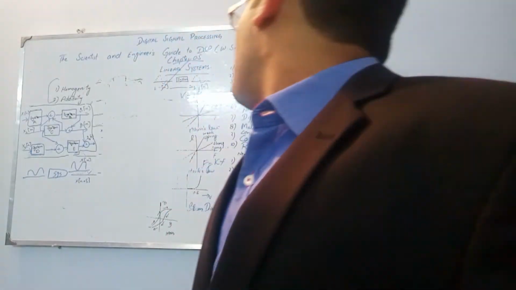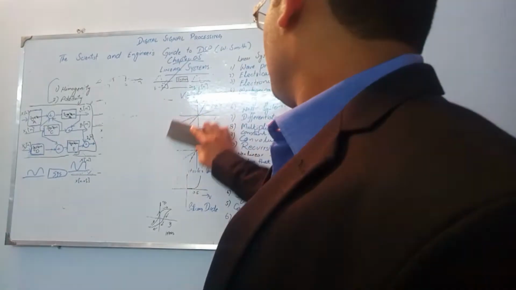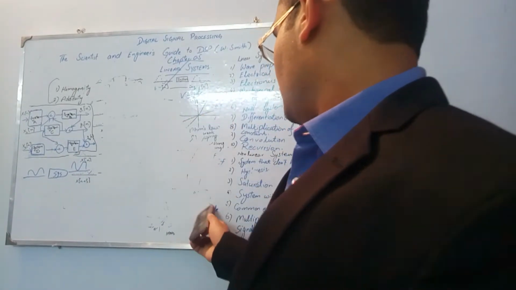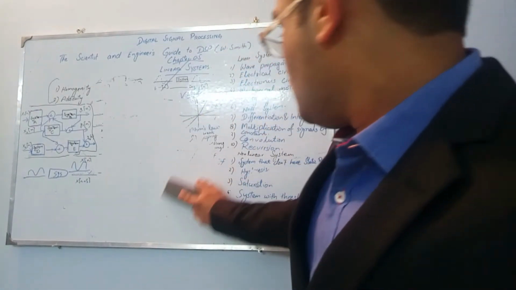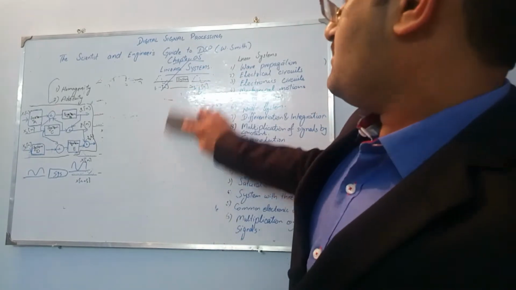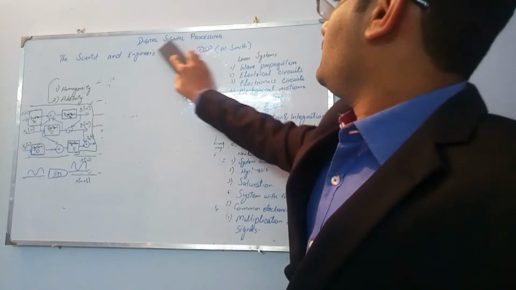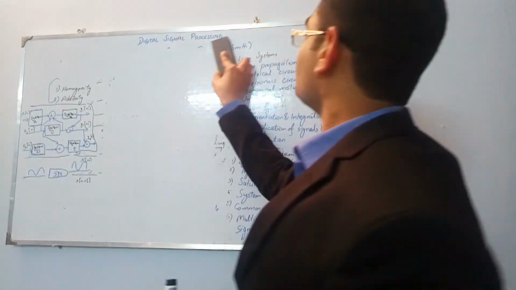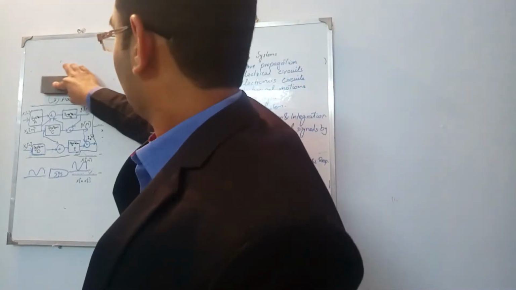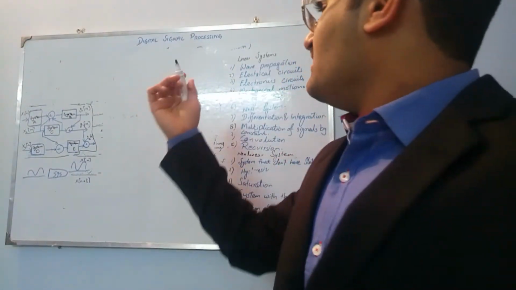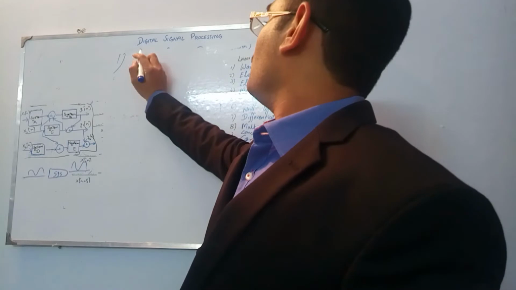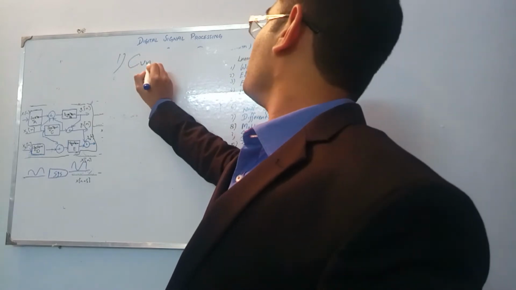There are some properties of linear systems. These two were the examples of linear systems. I will explain a little bit later. There are some properties of linear systems.